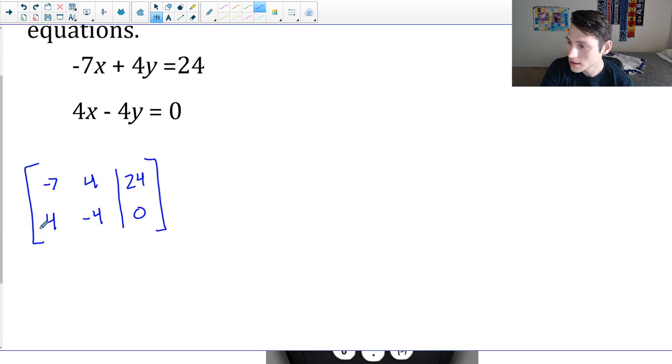Okay, but I'm looking at this second row, 4, negative 4, 0. I can easily divide this second row by 4 and still have whole numbers. So you can divide at any step, but the problem is if I just wanted to divide this first row by negative 7, so negative 7 divided by negative 7 would make a 1 here.